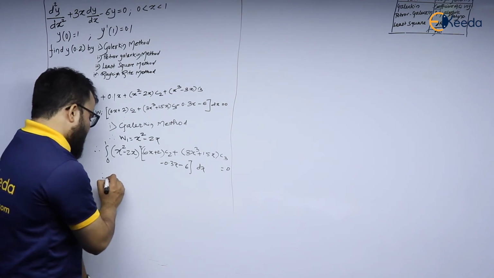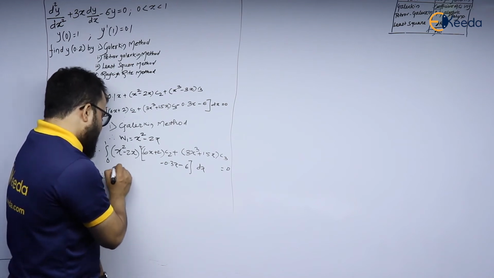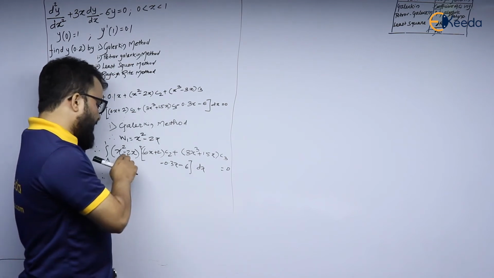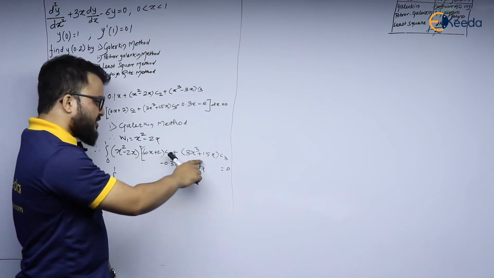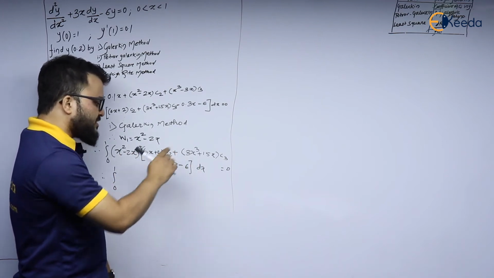If I solve this bracket, this becomes the integral from 0 to 1. I will multiply x square throughout this equation and 2x throughout this equation.